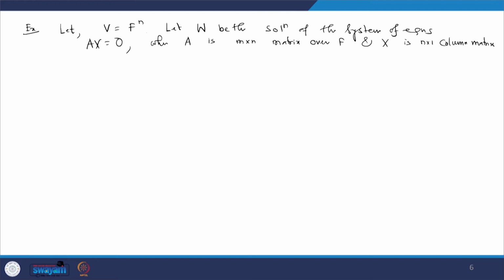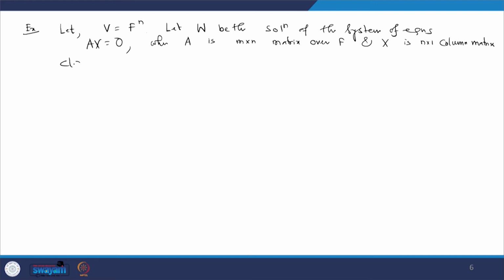Now, the solutions of this system Ax equal to 0 form a subset of the vector space V equal to F^n. My claim is that it is also a subspace.